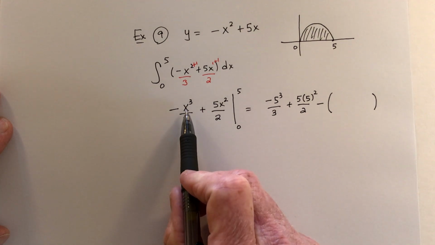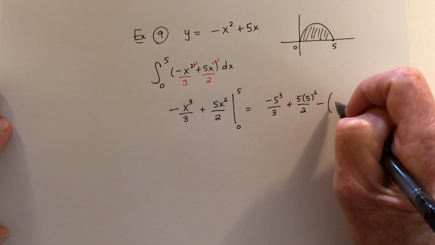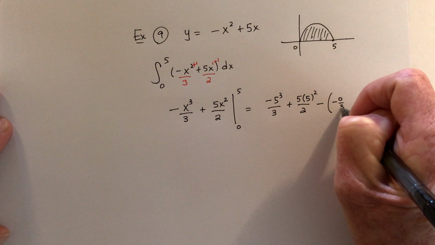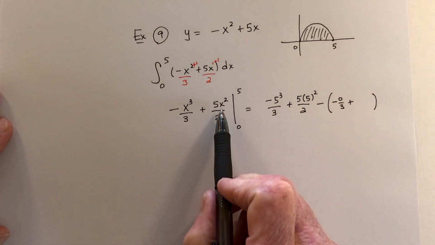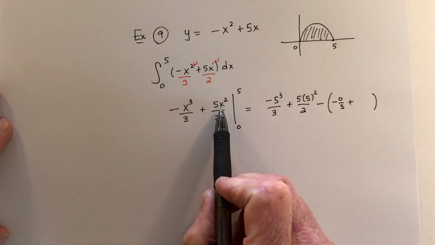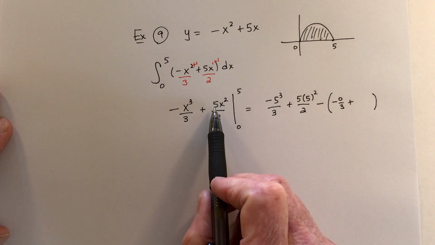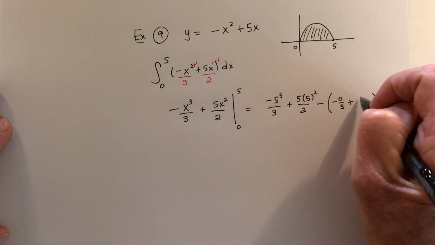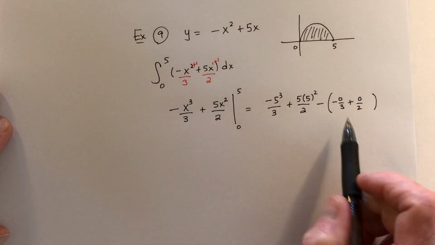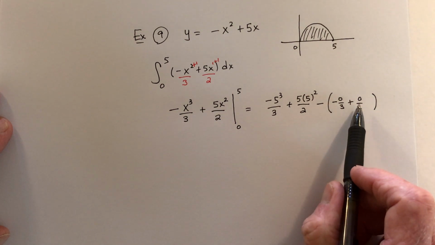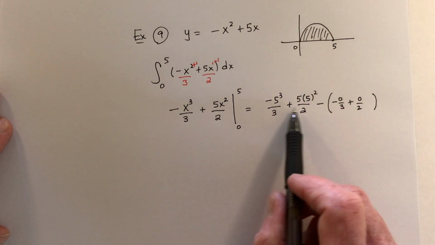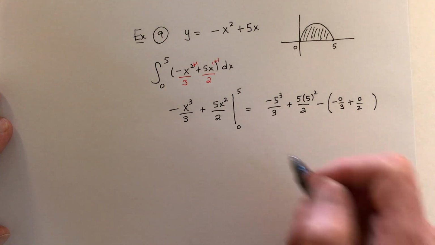When you substitute a 0, 0 cubed is 0, so that's going to be minus 0 over 3. And when you substitute a 0 right here, that's going to be 0 squared is 0, times 5 is still 0 over 2. So in other words, this is going to contribute nothing to the answer. So I only need to know what this part is.